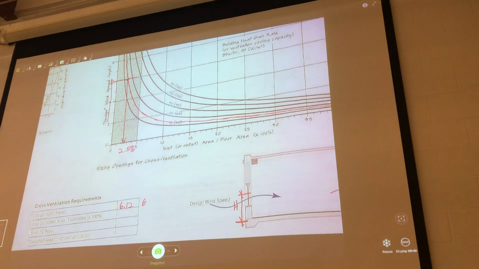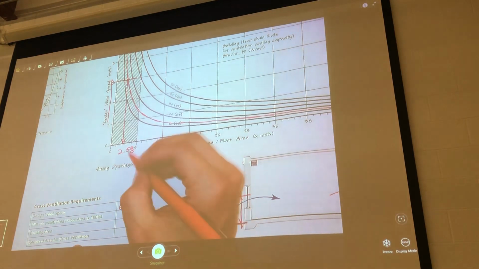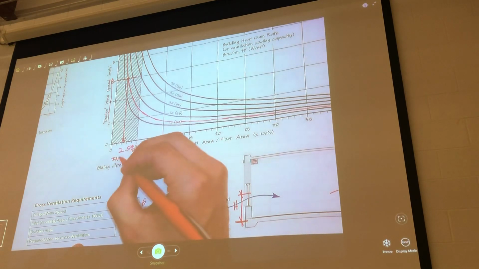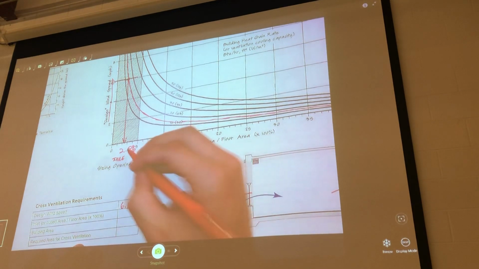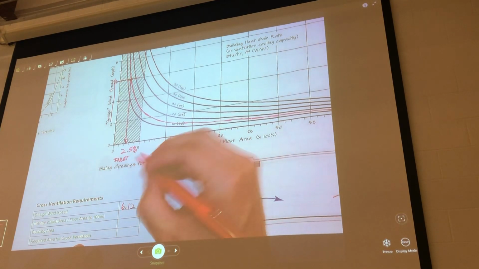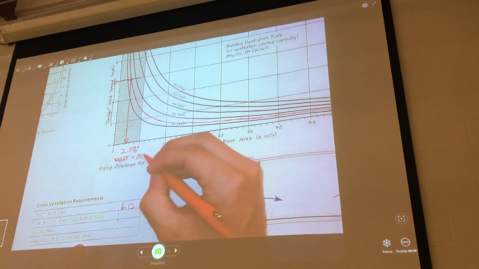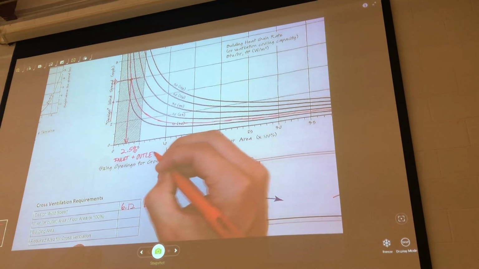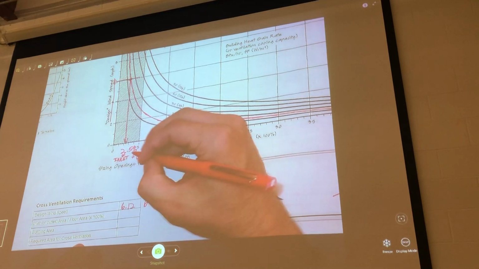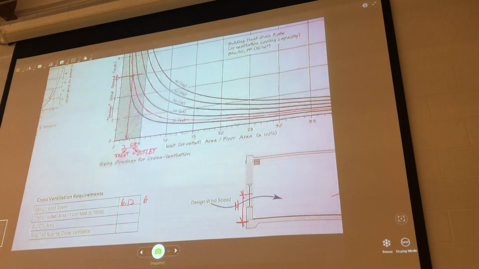Two and a half percent. Now again, this is 2.5% inlet and 2.5% for outlet. So we're going to actually have combined between the two at least 5%, which meets our code minimum.